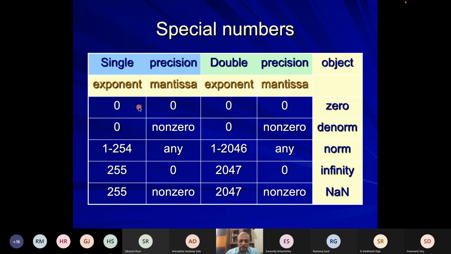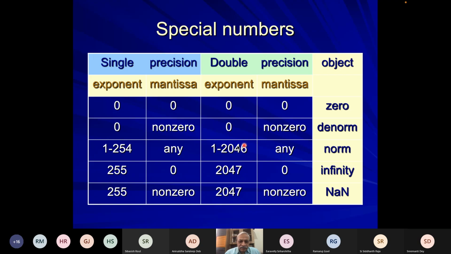Even if the sign was 0 or 1 it would still be 0, but we represent it with 0 sign. If exponent is 0 and mantissa is non-zero, we use that to represent denormalized numbers: very small non-zero values below the lowest representable normalized values. Up to a certain range, we can represent them.